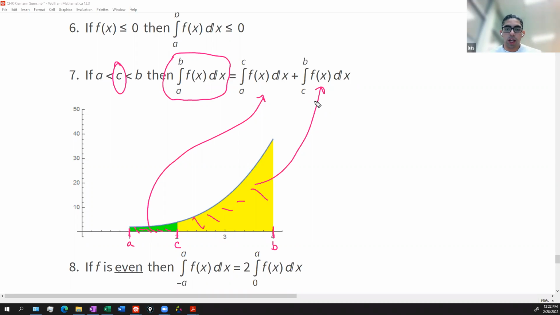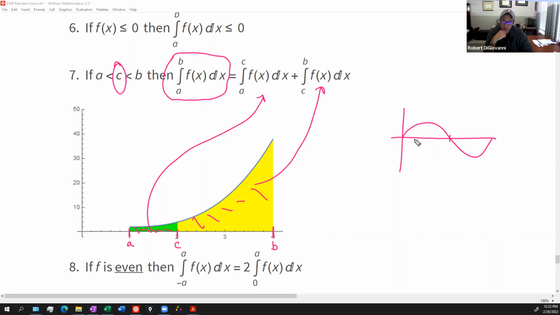So we can just take that piece out. Does that make sense, in relation to property 7? Yeah, so instead of just adding that, we can subtract. So we can go from C to A and then subtract from B to C. Does that make sense?